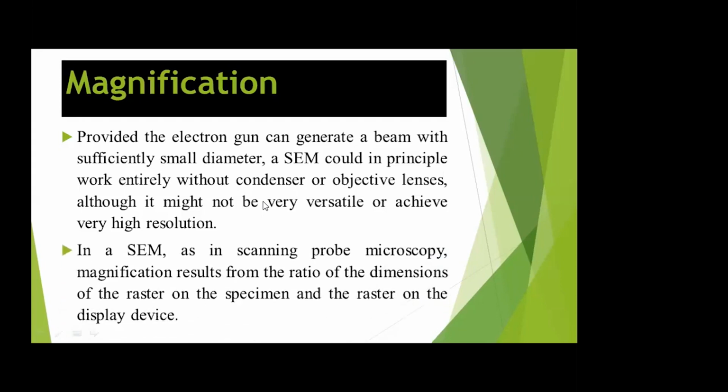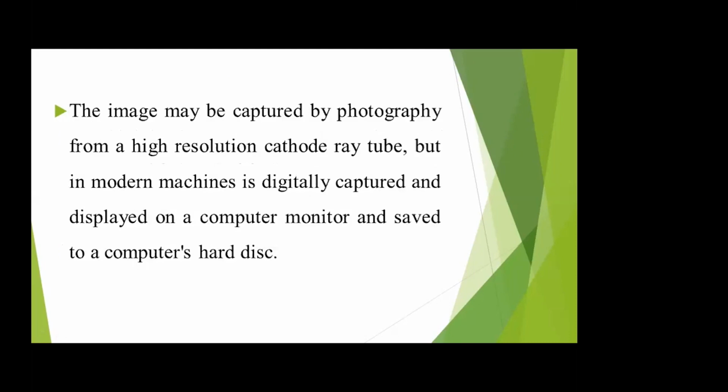In SEM, as in scanning probe microscopy, if you have studied SPM, you will understand, magnification results from the ratio of the dimensions of the raster on the specimen and the raster on the display device. When a very small area is scanned and the raster on the display device is large, you will have better magnification.